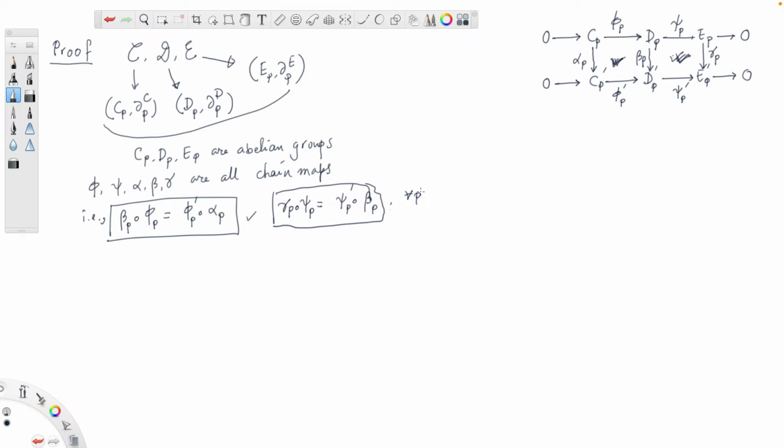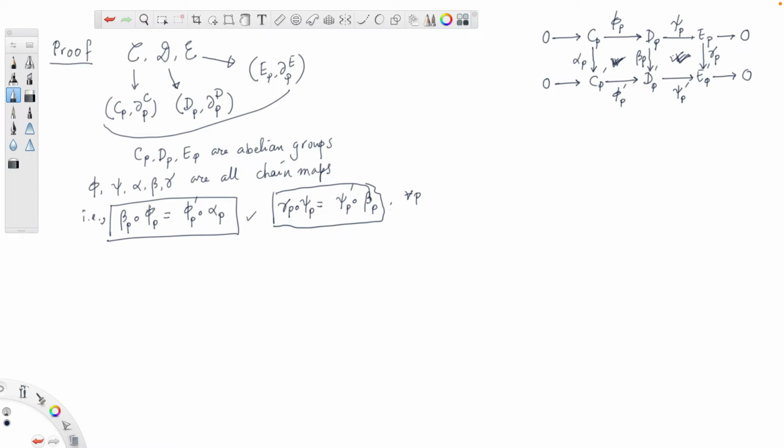We'll discuss it further in detail later, probably in the second segment, that these chain maps induce homomorphisms at the level of the homology groups, and they respect the way the group homomorphisms corresponding to the chain maps are composed.